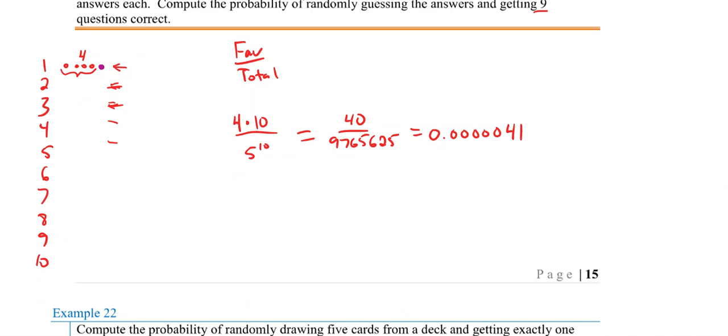Okay, and that's written as a decimal. So as a percentage, we just multiply that by 100. So that would be the same thing as 0.00041%. So yeah, not very good odds of getting 90% on that test if you just guess at random.